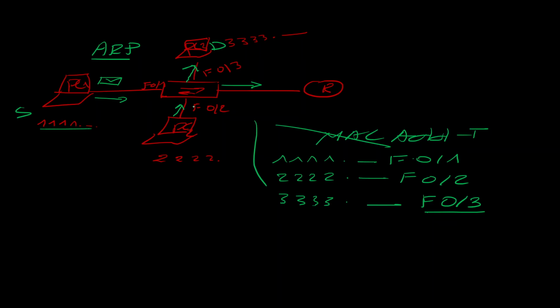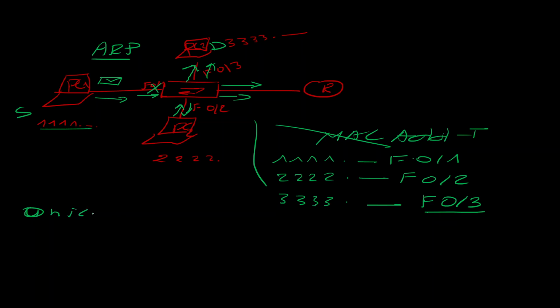How will the switch treat the broadcast? When the switch receives the broadcast on the Fast Ethernet 0/1 port, the switch will forward the broadcast out all ports except the port that the broadcast was received on, except this port right here.